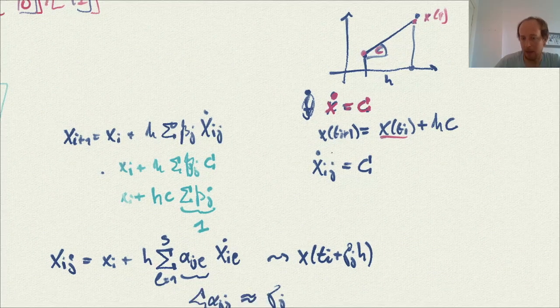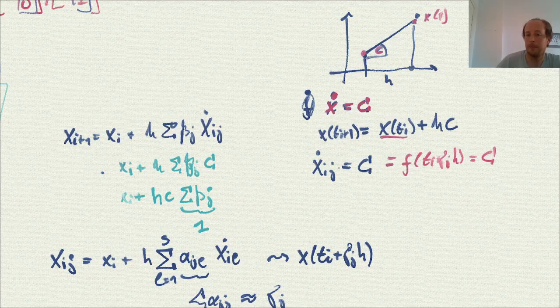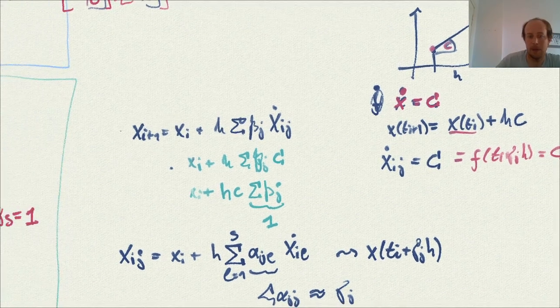Okay, and then this also means that if we compute the stage values, because this is just f(t_i plus gamma_j h), this will always be the constant c. So the Runge-Kutta approximation will be x_i+1 is x_i plus h, the sum of beta_j times the stage derivatives.